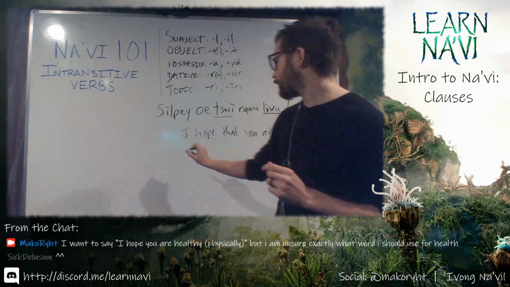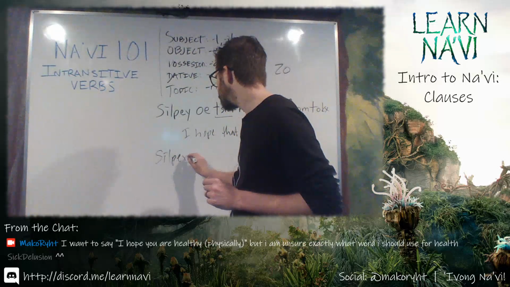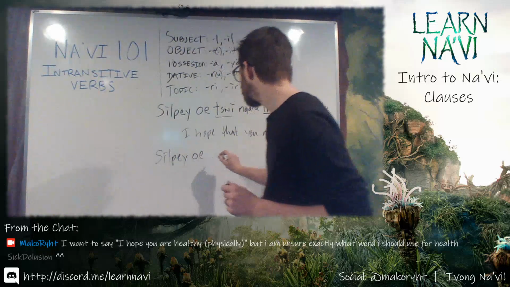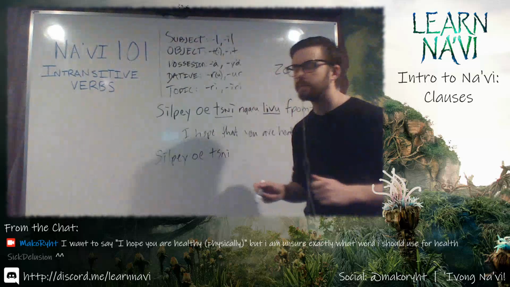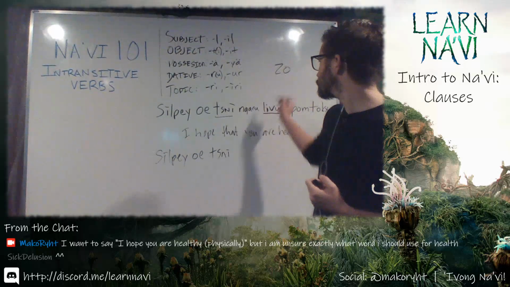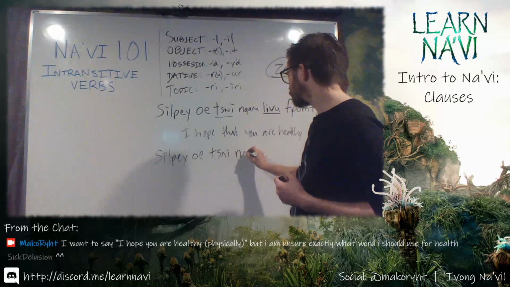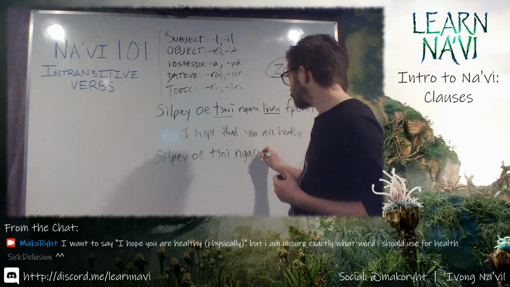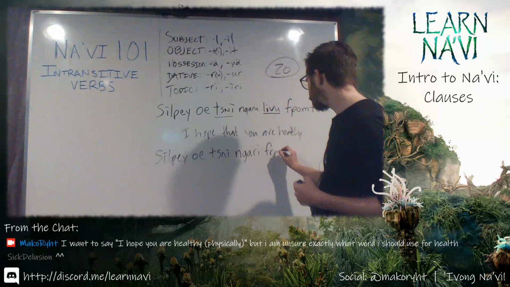So, another way though of saying this, we have silpe, or sne. And then using the topic, we're going to set the topic of our intransitive verb zo. And we're going to say ngari. And we're going to say everything, which is fraku.